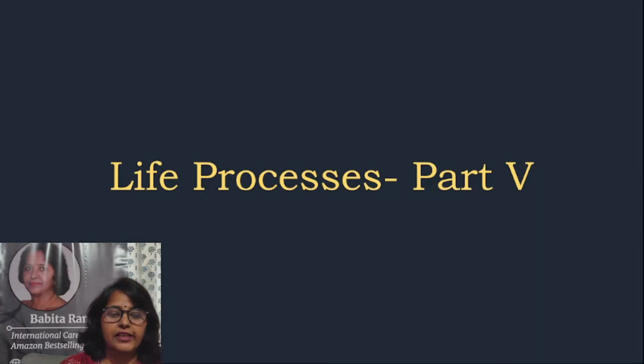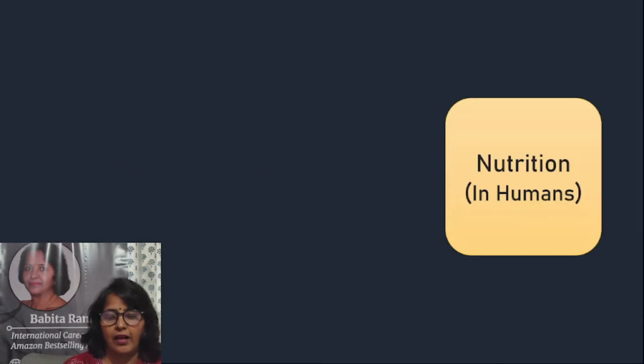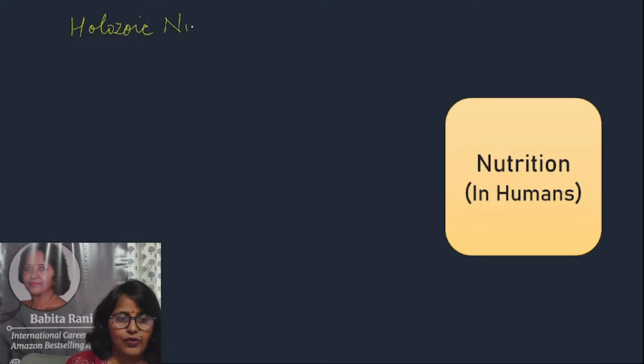Today we will discuss nutrition in human beings. As you know, the mode of nutrition in human beings is holozoic nutrition. There we will have 5 steps in the nutrition. What kind of nutrition is seen in human beings?